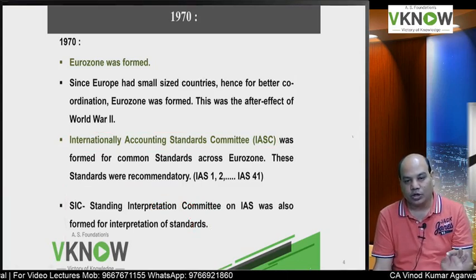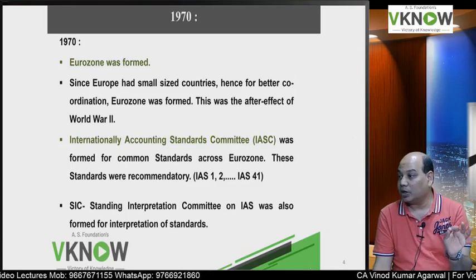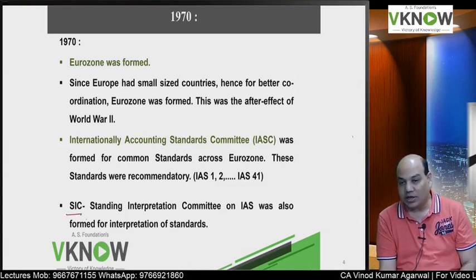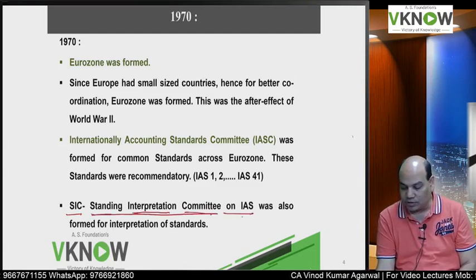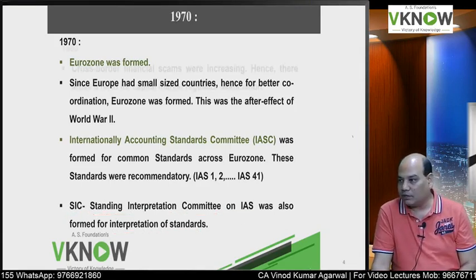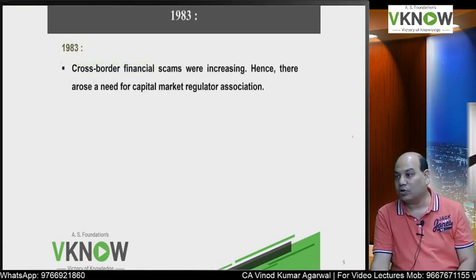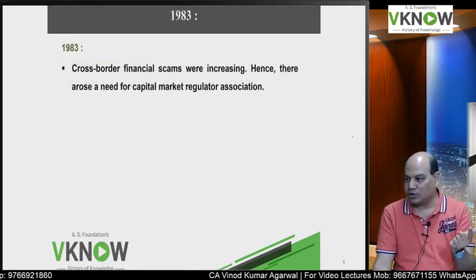If something is not clear in the standard, it was explained with the help of interpretation, and that committee was called SIC, Standing Interpretation Committee on IAS, so that if any doubt exists, they will clarify that. Just like in India, we also have accounting standard interpretation along with accounting standard.